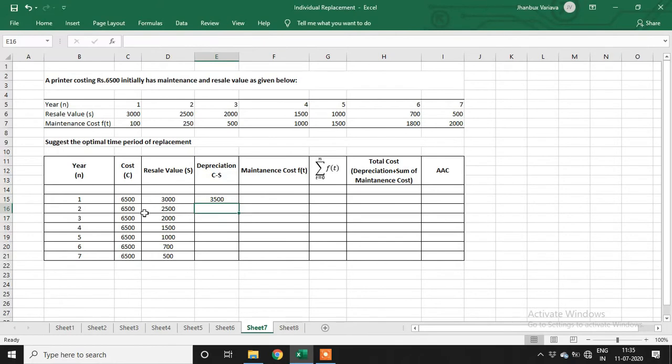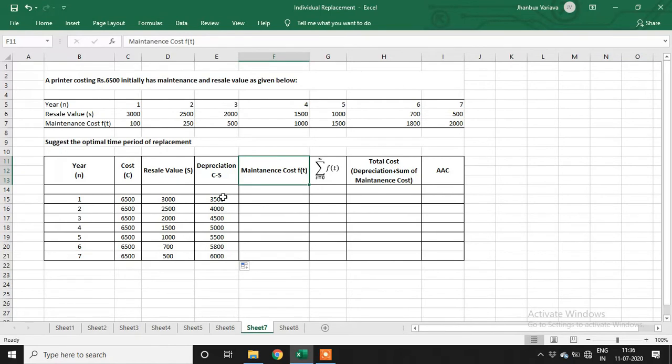The same way for second year, 6500 minus 2500 gives 4000. Then 6500 minus 2000 is 4500. Again 6500 minus 1500 is 5000. Then 6500 minus 1000 is 5500. Then 6500 minus 700 is 5800. Then 6500 minus 500 is 6000.